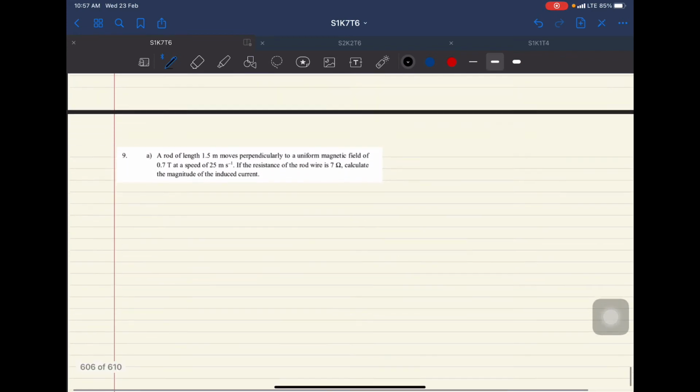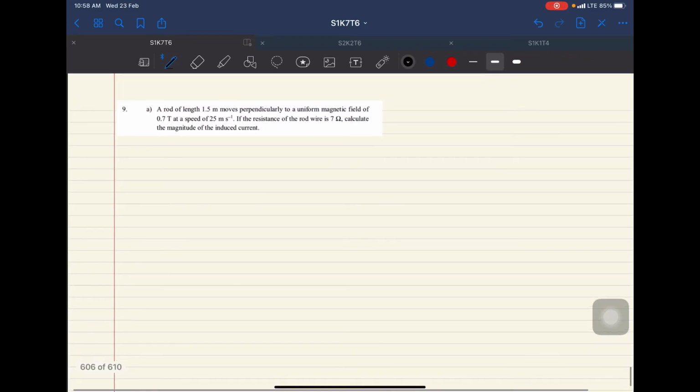Okay, next question, question number 9a. A rod of length 1.5 meter moves perpendicularly to a uniform magnetic field of 0.7 Tesla at the speed of 25 meter per second. So maybe you can imagine you have a magnetic field going into the page.